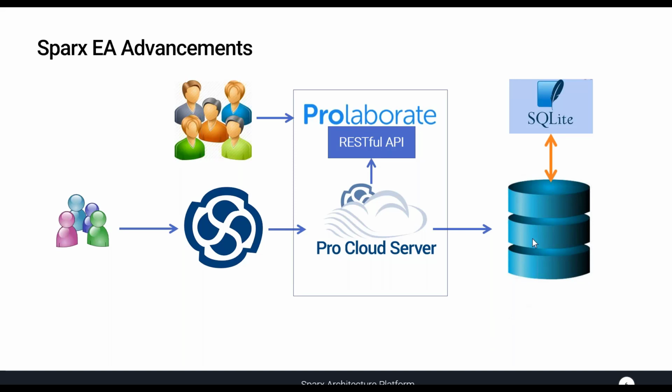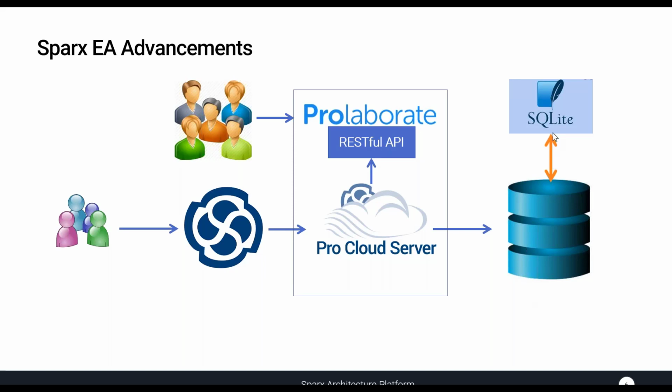And why is this a key advancement? Because with SQLite, we are now able to think of hosting an EA SaaS application without a dedicated database server behind. Like, if we have to go for a proper RDBMS, we need to have an application server and a database server and all the logistics that goes behind it.